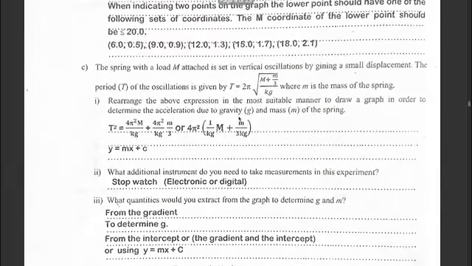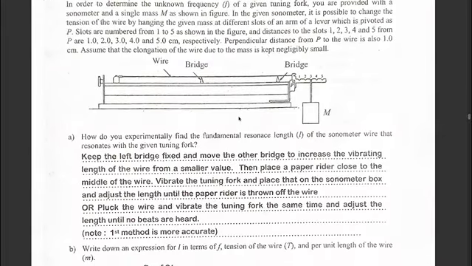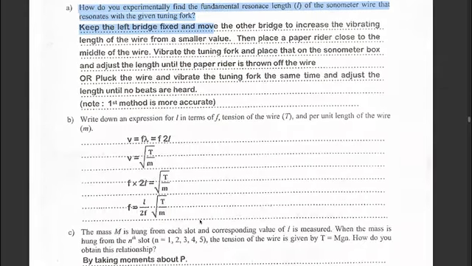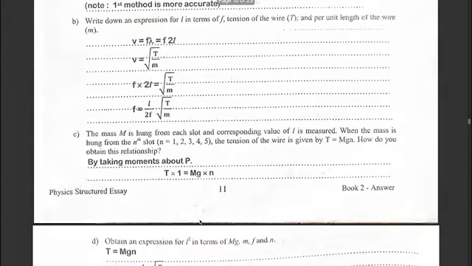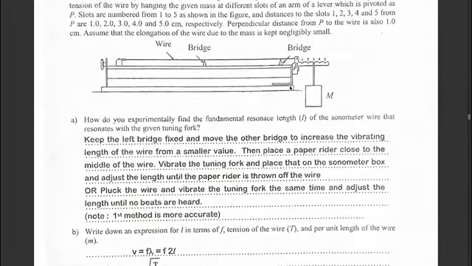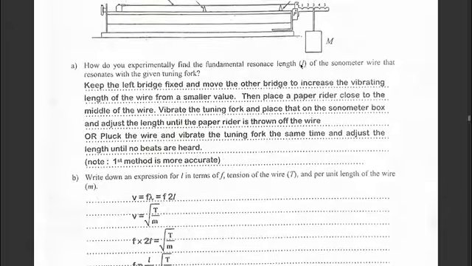Then we have a question in 2009. So once again, this is the same. All the questions are similar. The only difference is here they are using a different method to tension the wire, without just hanging a mass M. Instead, they are using the same mass M but using the principle of moments to increase the tension.